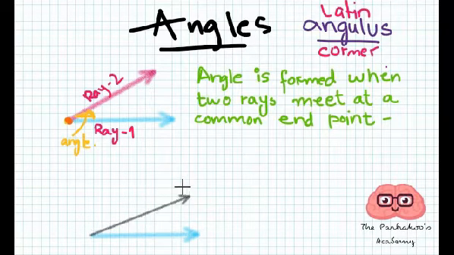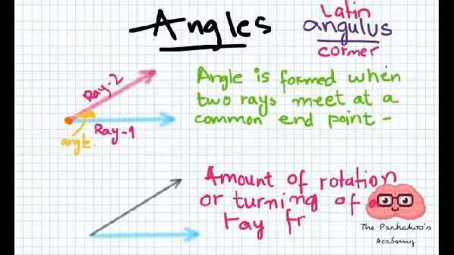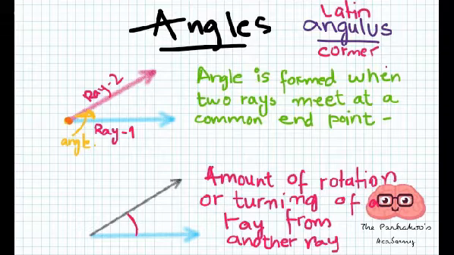This rotation makes an angle, isn't it? So it can be defined as the amount of rotation, or it tells us how much it has been rotated from ray 1. So this is what the angle is.